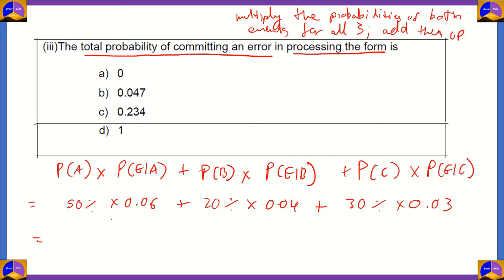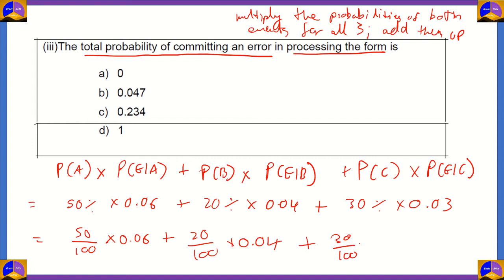So over here, we'll be writing down 50 by 100 into 0.06 plus 20 by 100 into 0.04 plus 30 by 100 into 0.03.